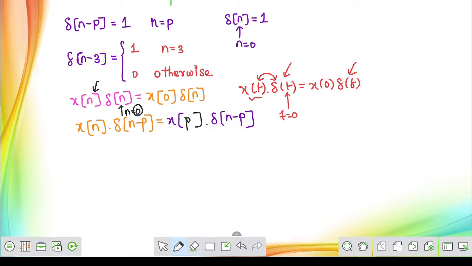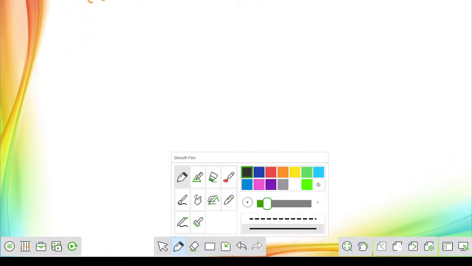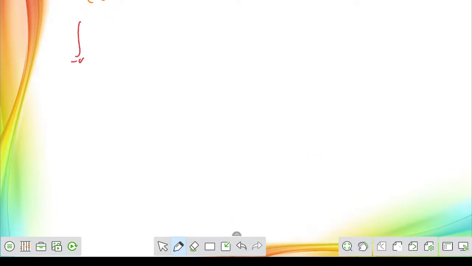So let's continue. In the continuous domain, what is another most important property of the impulse function? Let me define. In continuous time domain, we have seen that the integral from minus infinity to plus infinity of del of t with respect to dt is 1.